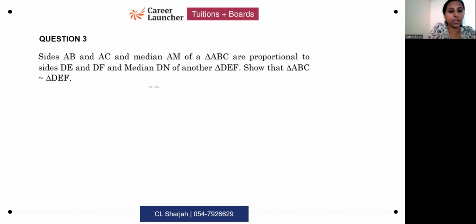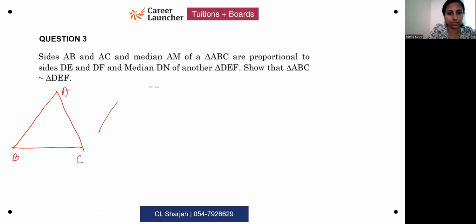Those who are stuck can have a look at the initial steps, which I'm showing. AB by DE is equal to BC by EF is equal to AC by AF. Good. Draw the figure first.